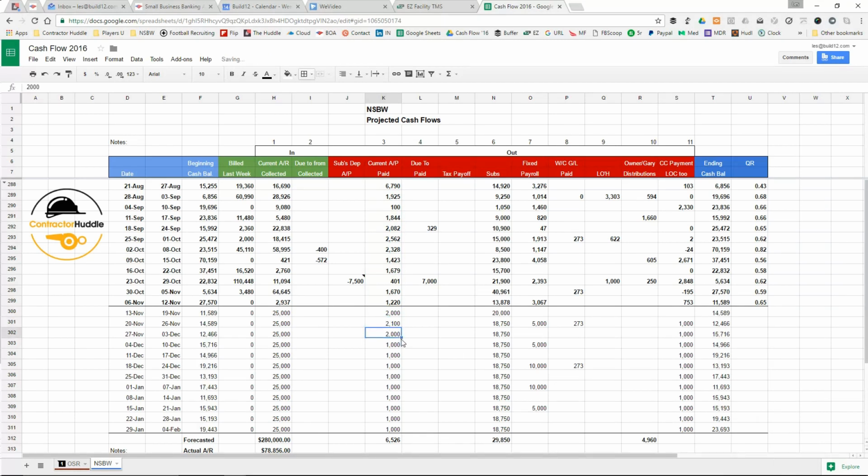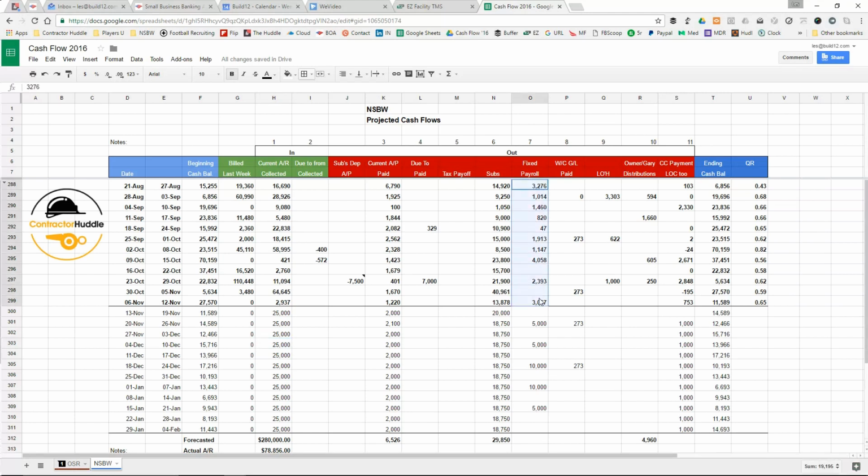I'm going to copy this down so I get a little bit more realistic of what I am actually averaging on fixed payroll. Now, these are formula driven. I'll teach you that in a later thing. I know my subs, I pay probably 75% of my job to subs. So that formula you could see up here is based on what I collect.